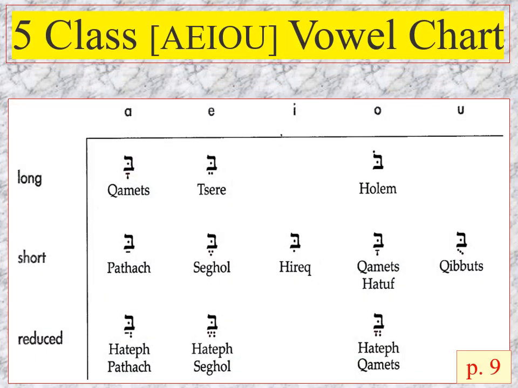However, we're going to follow Pratico and Van Pelt with the five-class vowel chart: A, E, I, O, and U. And so this is what you want to study and be well prepared to give the name and the sound, and make sure as you're spelling out various words, you're saying things like long A class, qamets; long E class, tsere; long O class, holem; short A class, patach; short E class, segol; short I class, hireq; short O class, qamets hatuf; short U class, qibbuts; reduced A class, hatef patach; reduced E class, hatef segol; reduced O class, hatef qamets.